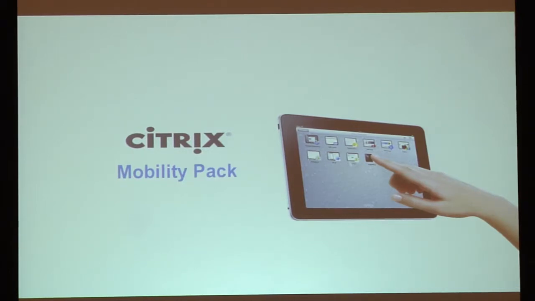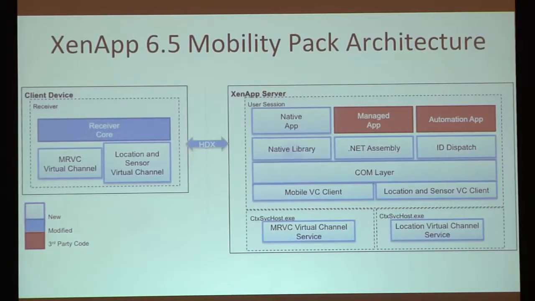What happens when you install this Mobility Pack is this is a XenApp architecture. You see a little key here for things that are new or modified or third-party code. You have a client device over here, that's your Citrix Receiver, and over here you have your XenApp server. Two new virtual channels are added right here, one for location, and then a mobile receiver virtual channel for things like orientation, notifications, phone calls, SMS, all this kind of stuff that gives you access to the device.